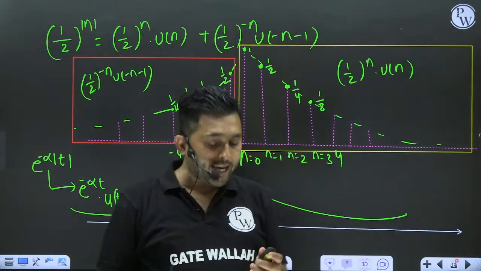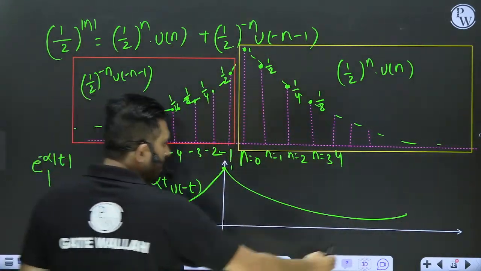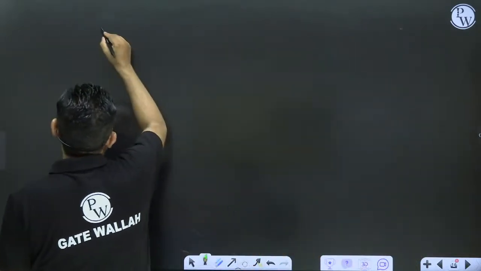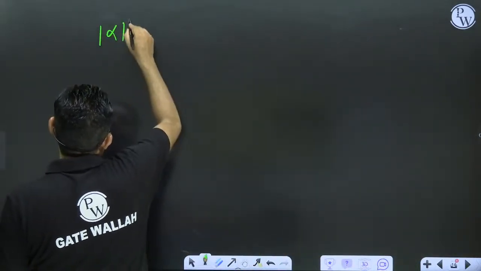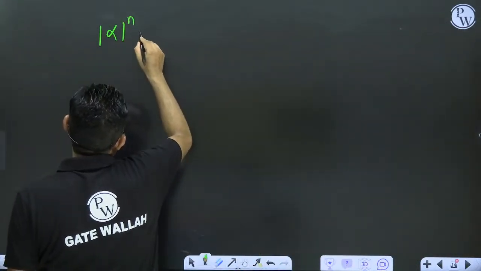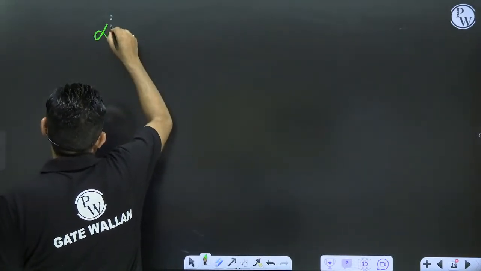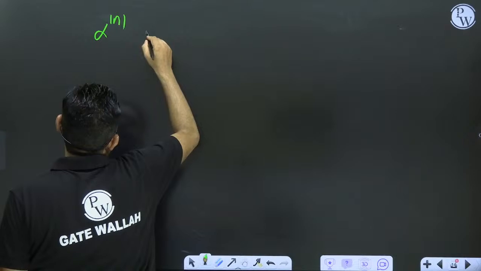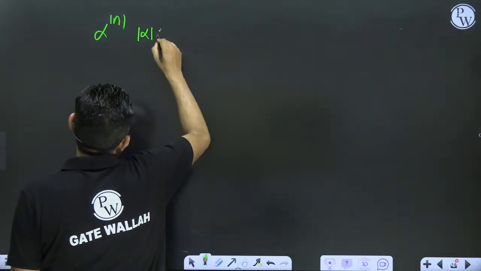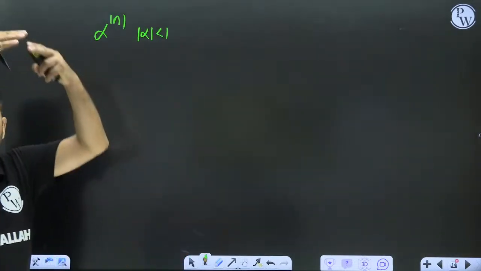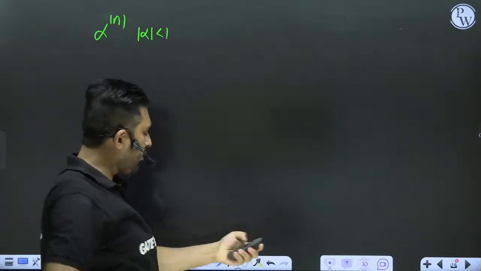In general, any umbrella function can be written as alpha^|n|, where |alpha| is less than 1, then we have this kind of convergence.